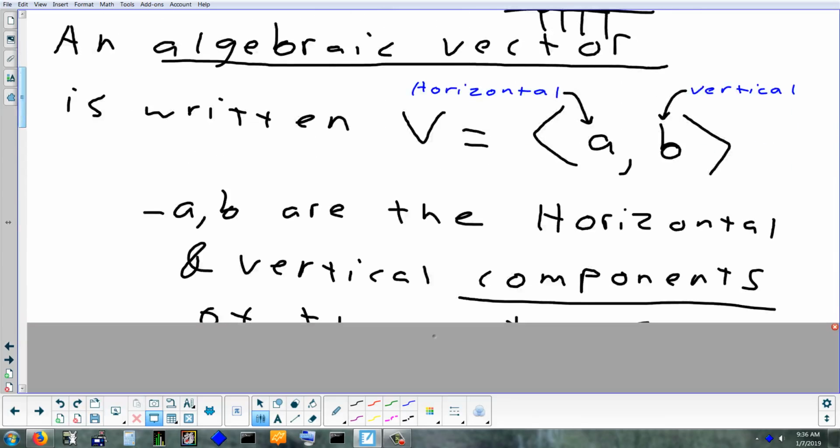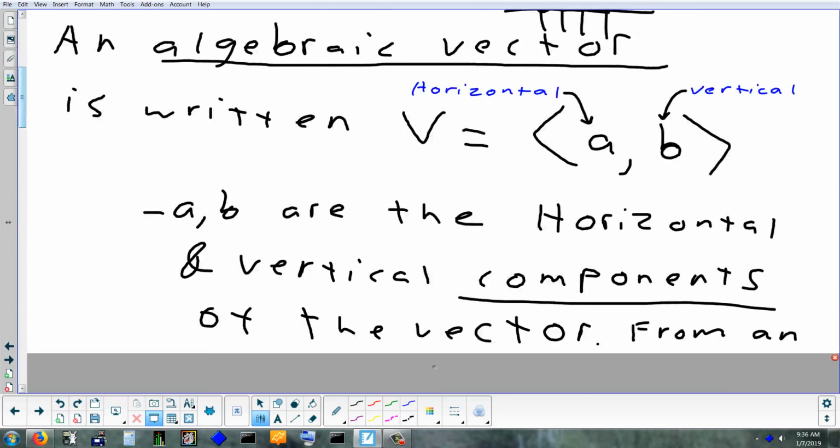But what we call them with vectors is components. Every vector, unless one of the components is 0, has a horizontal and a vertical component. Think about if I throw something to you. If I throw it straight at you and it doesn't go up or down at all, then that's just coming at you horizontally.